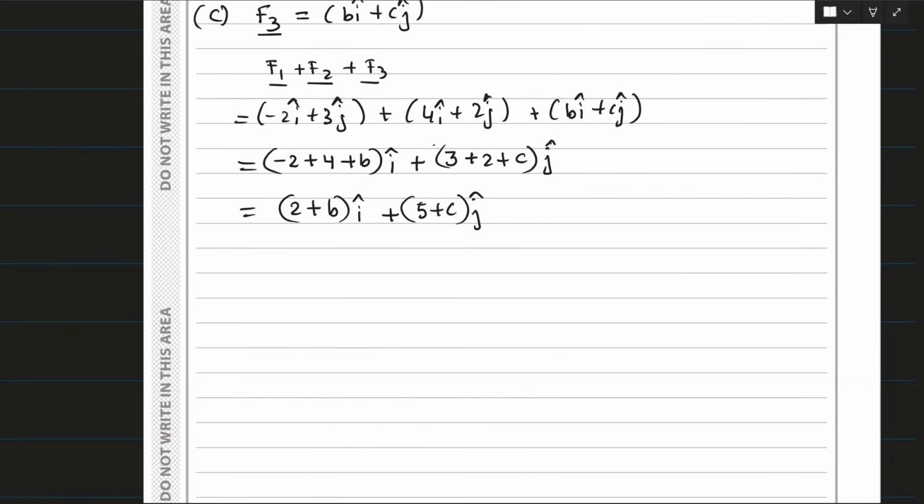We know that the resultant force would be in this format, lambda i plus j, as this is given in our question. So what we see from here is that the coefficient of i and the coefficient of j would be the same.